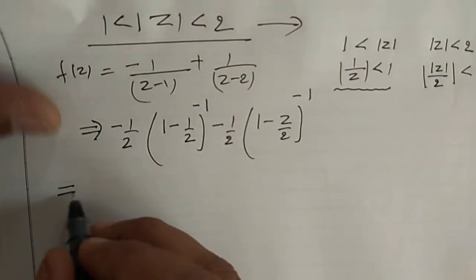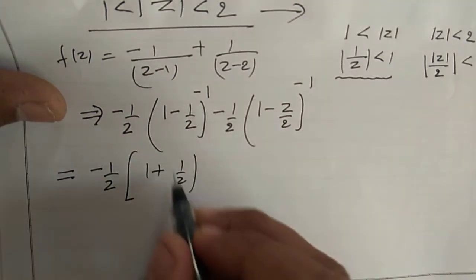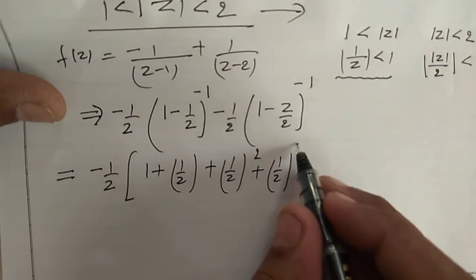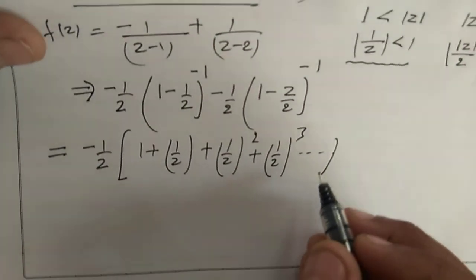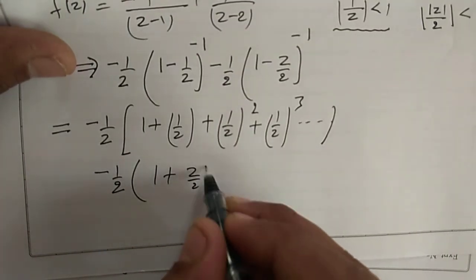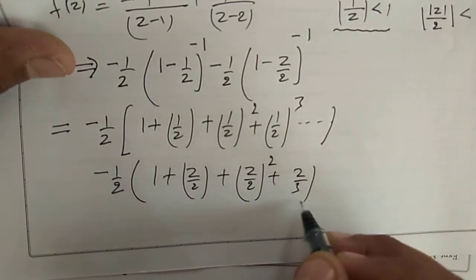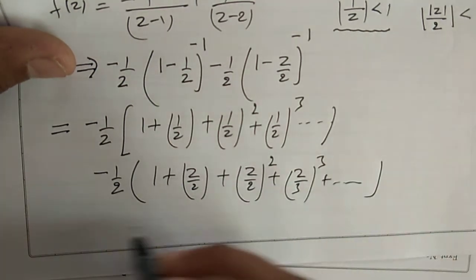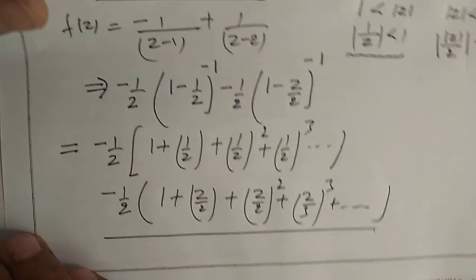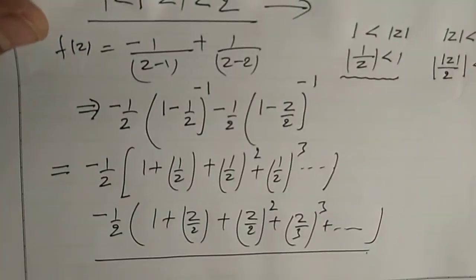So now we can have the expansion: -1/z (1 + 1/z + (1/z)^2 + (1/z)^3 + ...) and -1/2 (1 + z/2 + (z/2)^2 + (z/2)^3 + ...). So this is the Taylor-Laurent series expansion for f(z) in this region.